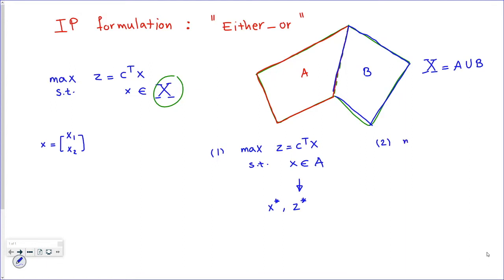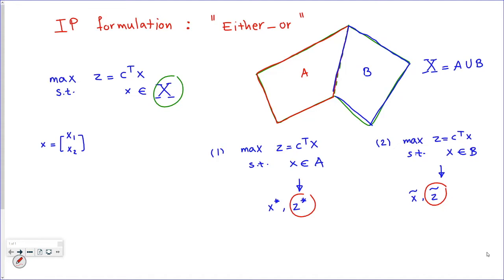Then I will solve another problem with the same objective, but now I just consider the points in set B, and suppose that it gives me an optimal solution x tilde and an optimal value z tilde. Then I can easily compare z star and z tilde, because I know that x star is the best point in A and x tilde is the best point in B. So I just need to choose the best between x star and x tilde.